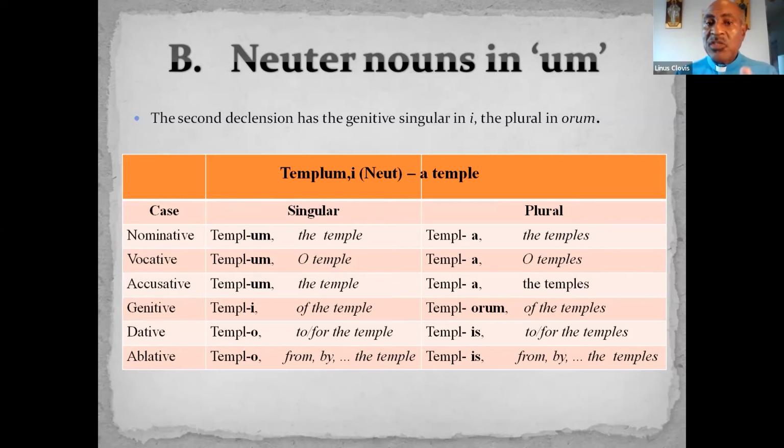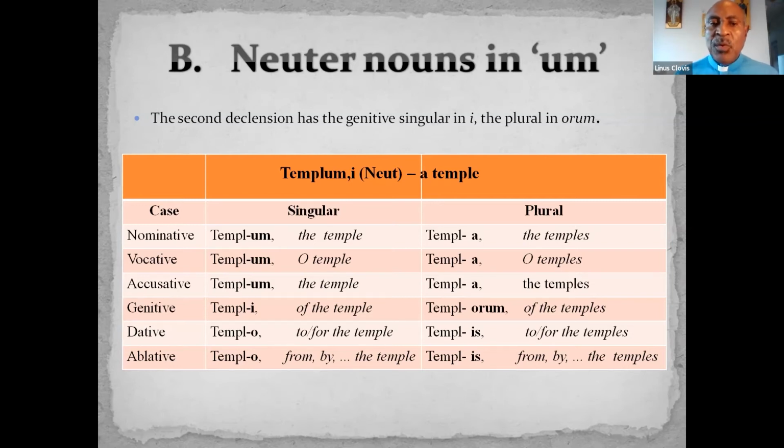It's neuter and it means a temple. Another second declension neuter you know is verbum. In principio erat verbum. You know, in the beginning was the word. So again, we're going to look across.